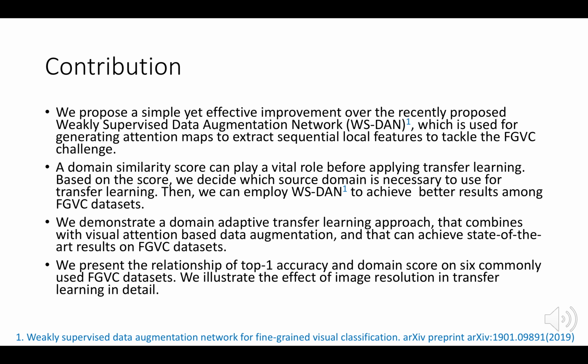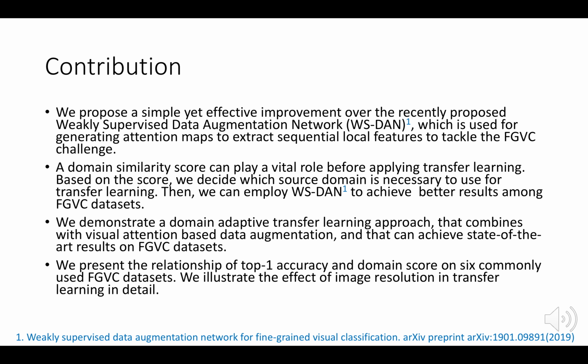And we used a domain similarity score that can play a vital role before applying transfer learning on the target domain. Then afterwards, we can employ the weakly supervised data augmentation network to achieve better results among FGVC datasets. And we demonstrate a domain adaptive transfer learning approach that combines with the visual attention data augmentation technique, and we can achieve state-of-the-art results on various FGVC datasets.